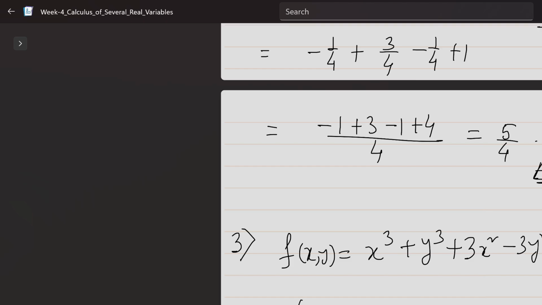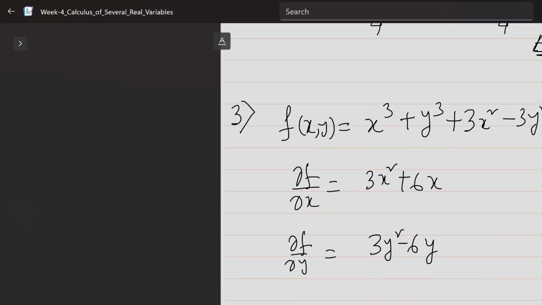So what is the critical points? First you find del f del x, then you find del f del y. This is just a calculation. So you put del f del x equal to 0. What you will get is 3x square plus 6x equal to 0. So x into x plus 2.